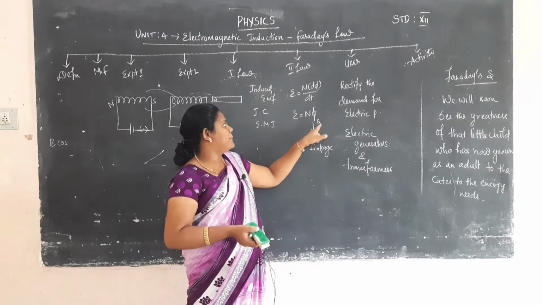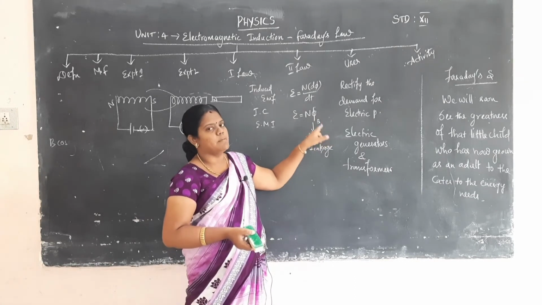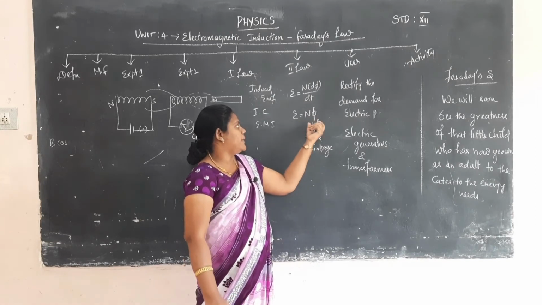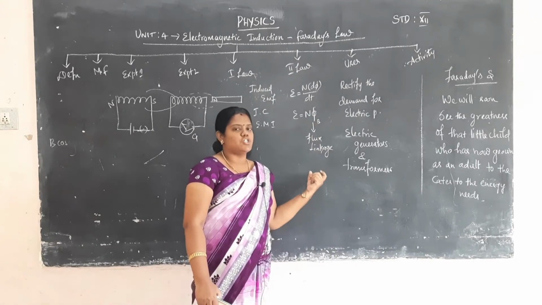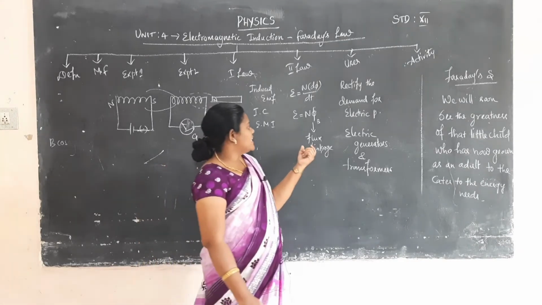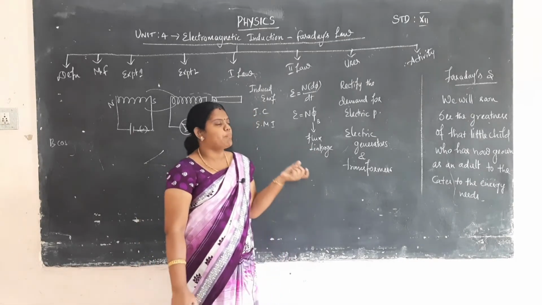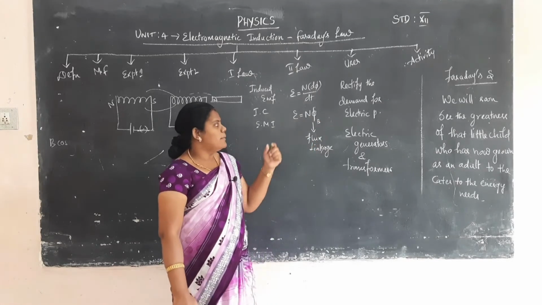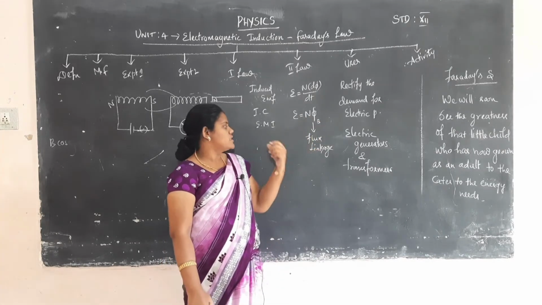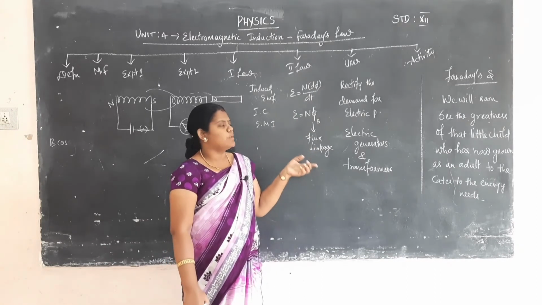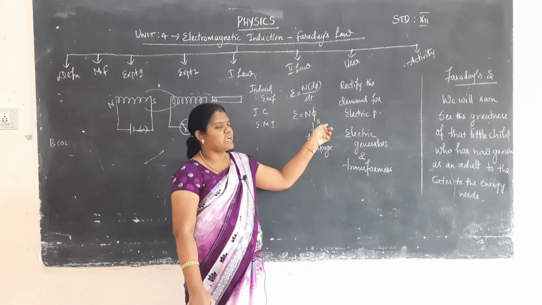So N into phi B, where phi B is the magnetic flux, is called the flux linkage. So what is called flux linkage? Flux linkage is equal to the product of the number of turns and the magnetic flux.